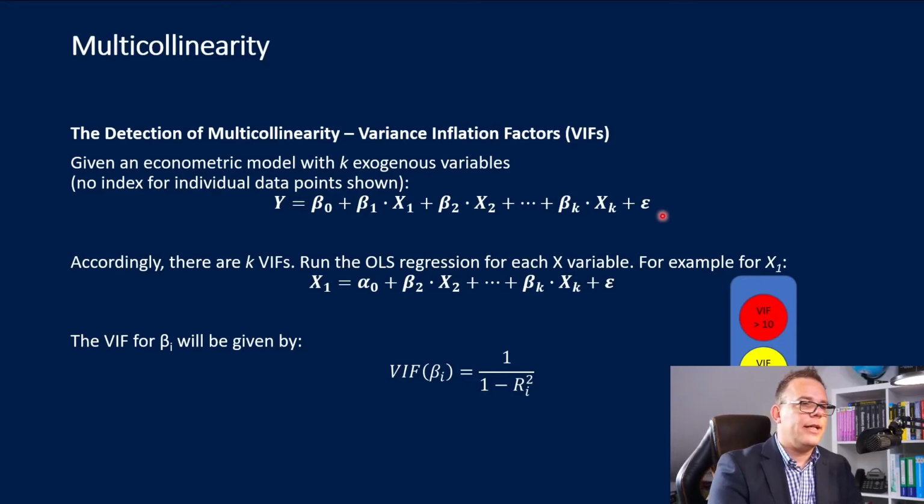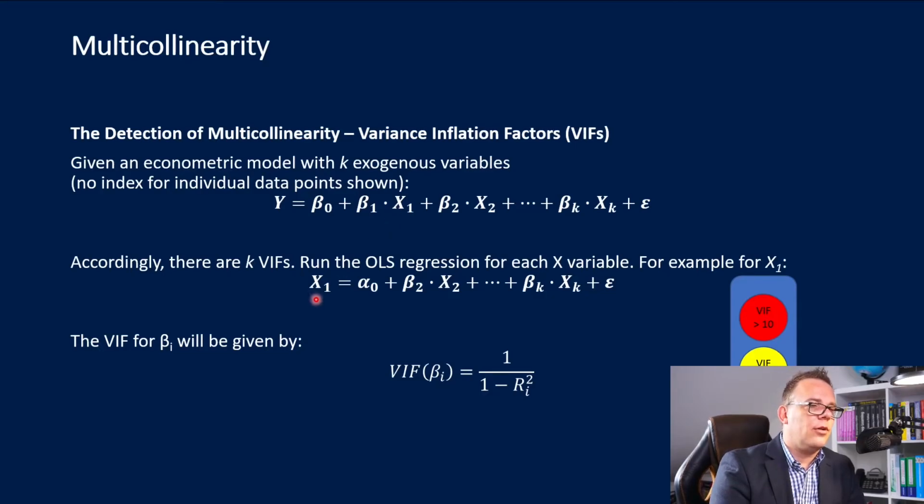Now the idea is, if that is the case, let us set up a different OLS model. Let's remove the epsilon and let's put the x1 in here. What happens then? If x1 and x2 are highly correlated, x2 will be able to explain x1 quite well.